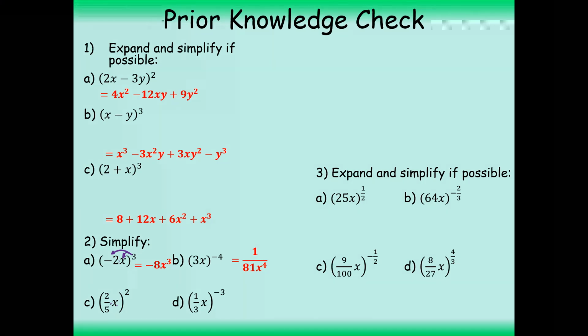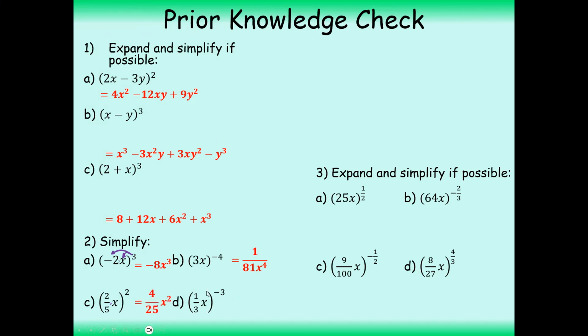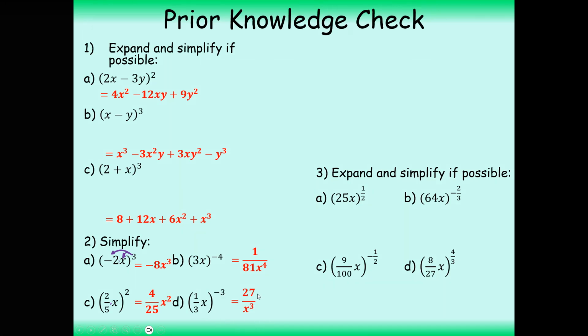This is just evaluating; you call this one term inside this bracket because they are just multiplying. So it'll be 4 over 25 x squared. Next one, you would flip the fraction because of the negative power and x will go in the denominator rather than the numerator. So 3 to the power of 3 is 27. It will come to the top.